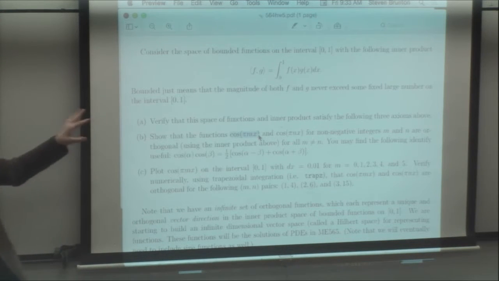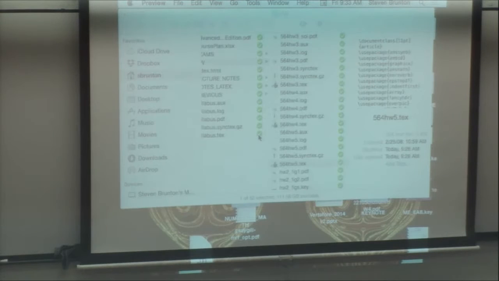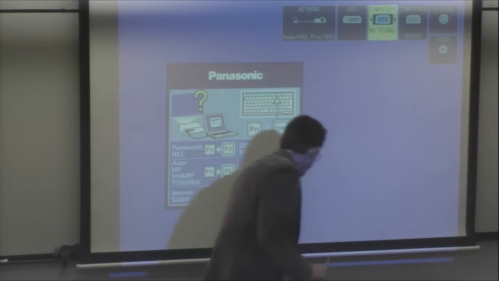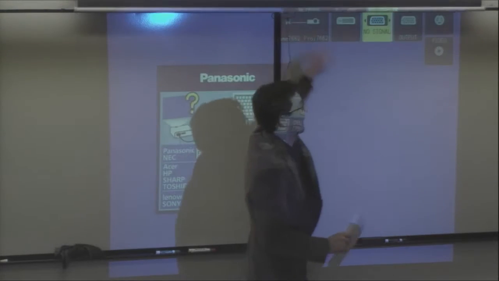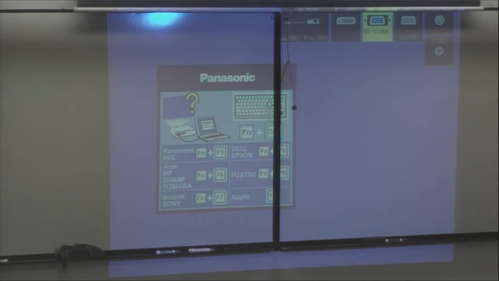Okay, this is going to be really, really important when we start solving partial differential equations. We're going to be thinking about these functions, and we're going to be thinking about differential operators on this vector space of functions. Okay? And that's what I'm going to talk to you about today: differential operators on vector spaces, which is just a fancy way of saying we're going to talk about vector calculus. Okay?